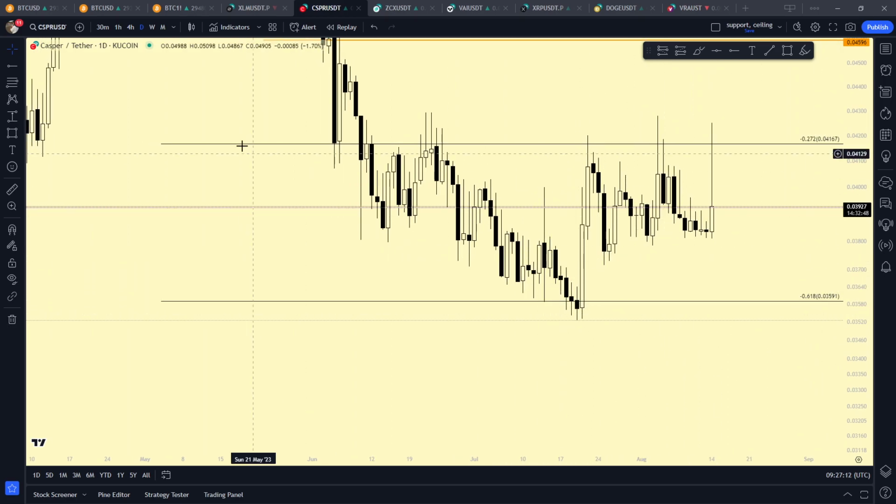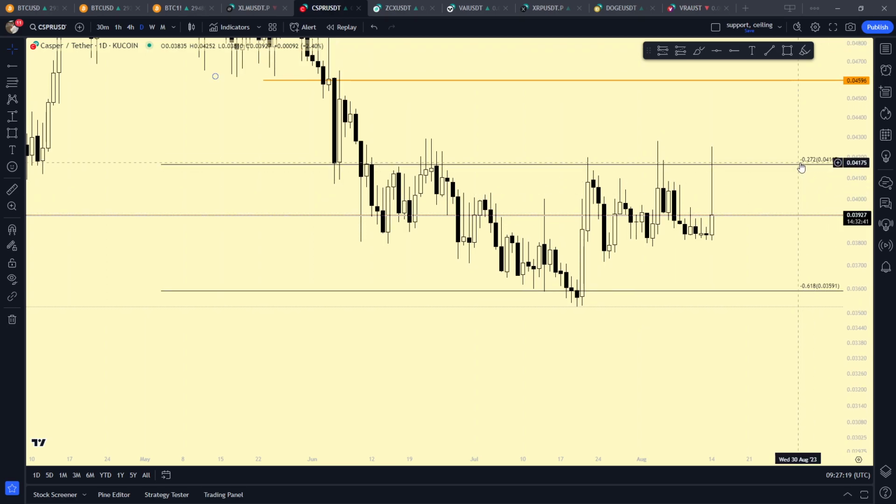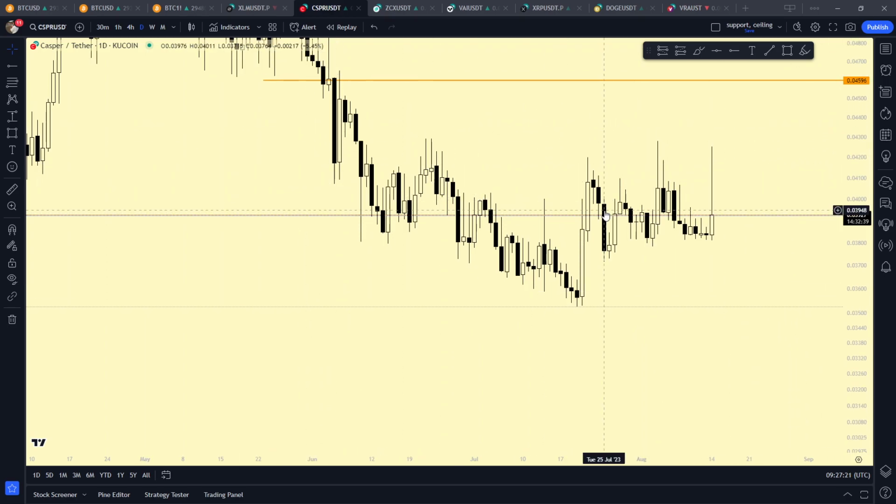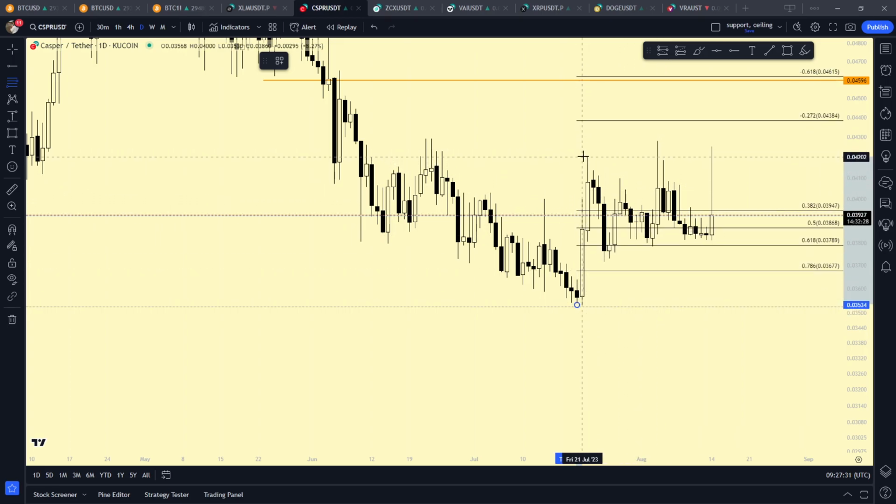Also, we had this very big influx. I don't know, I think it was at C. We can actually use this also as a Fibonacci. Okay, so we have our low here, we have our high here. This is a bullish Fibonacci.